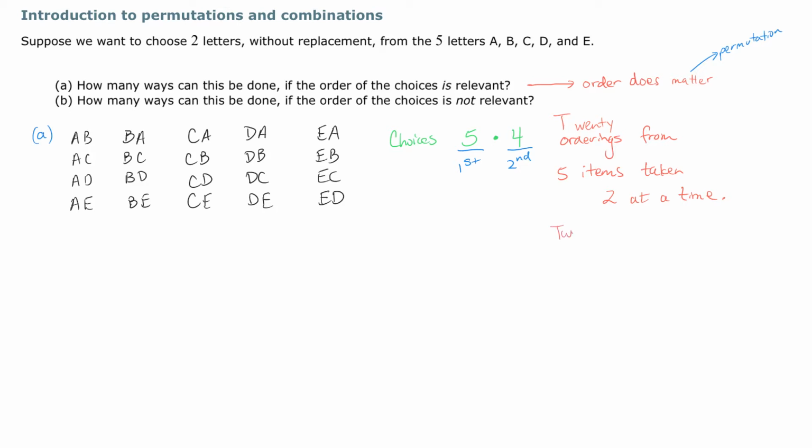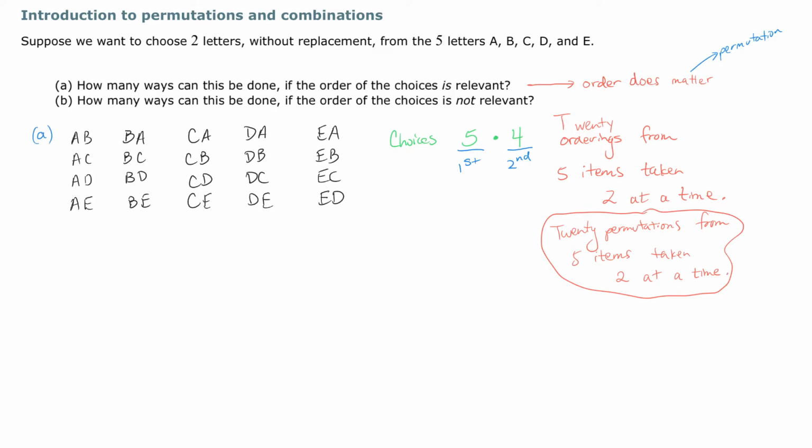Or we could say 20 permutations from 5 items taken 2 at a time. That's probably the best vocabulary.